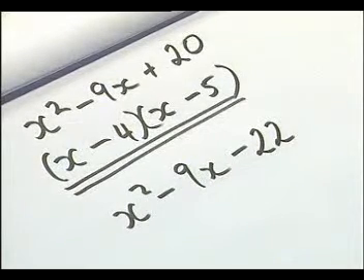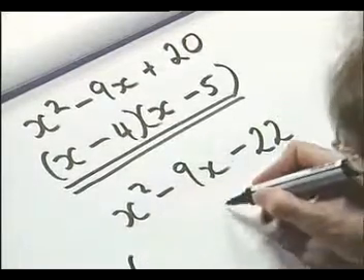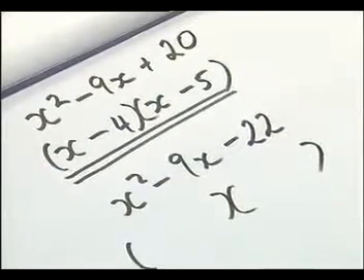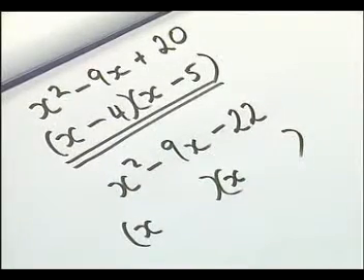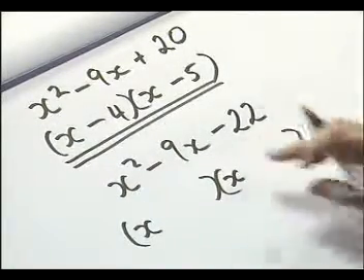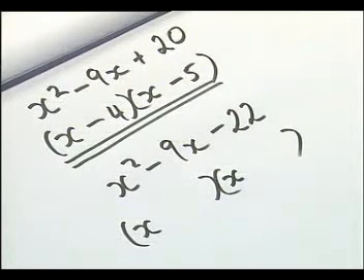And again, let's try this one out by inspection. So, pair of brackets, x and x in front of each bracket. Let's have a look at minus 22. Two numbers to multiply together to give minus 22. Well, likely candidates are minus 11 and 2, or minus 2 and 11.